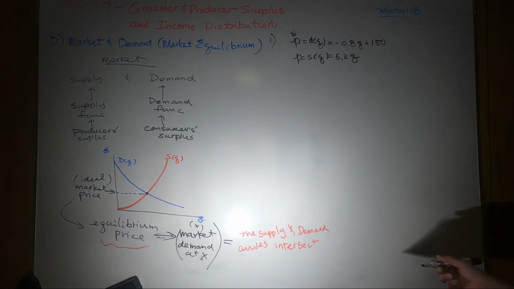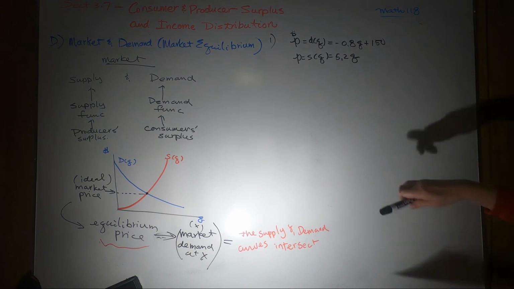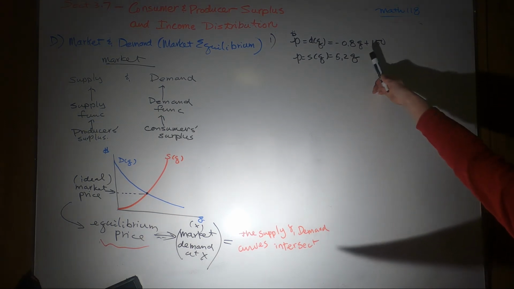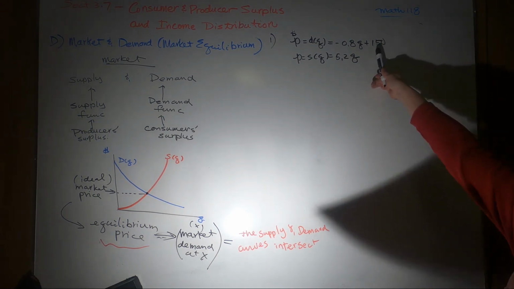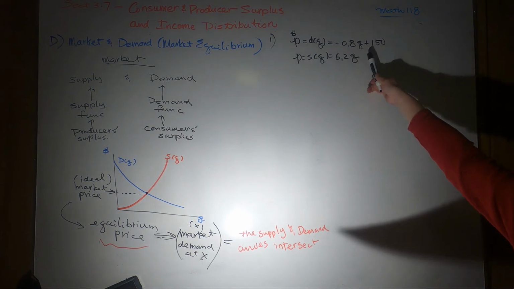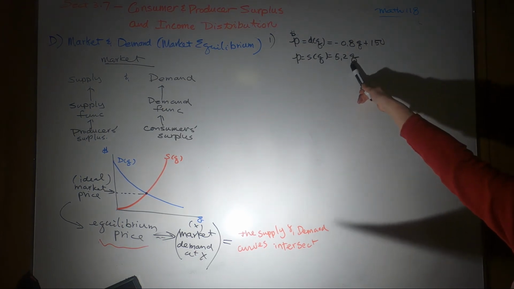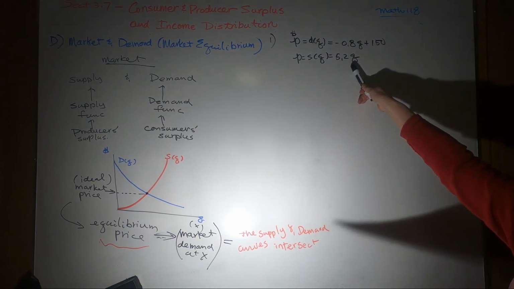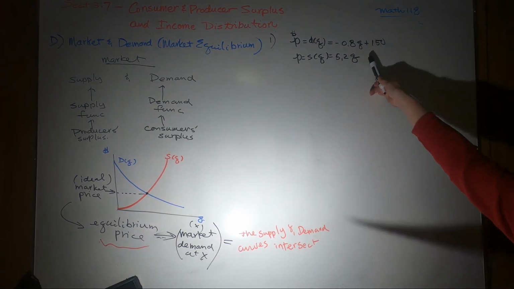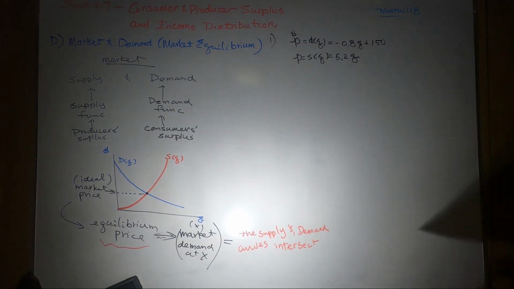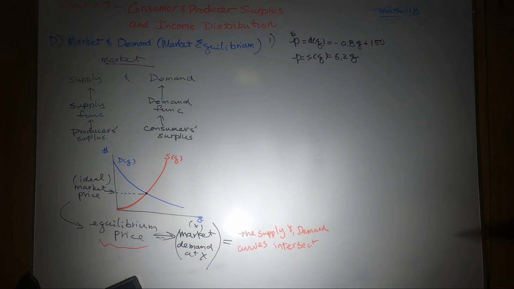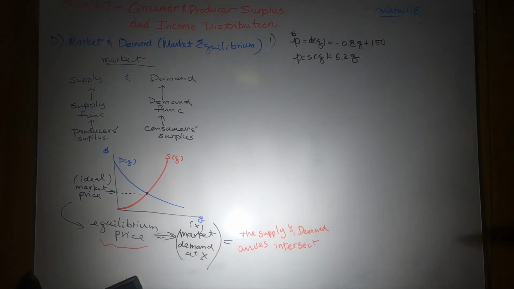If we have this model from different studies, the demand from the consumer side and this one from the supplier side, then let's find the balance point, the equilibrium point. That means the market demand quantity and the market price.